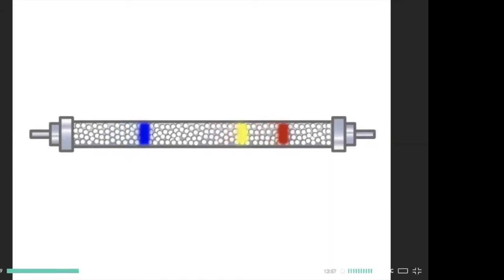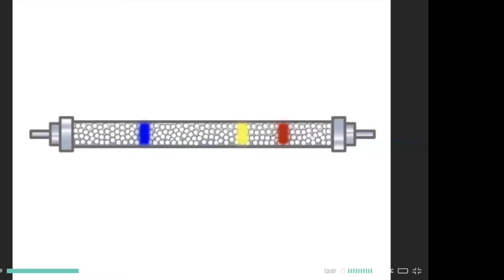Okay, so this technique is used to separate the components of a sample. So if, for example, your sample is a protein extract and you want to analyze the specific components of your mixture, you can use HPLC.